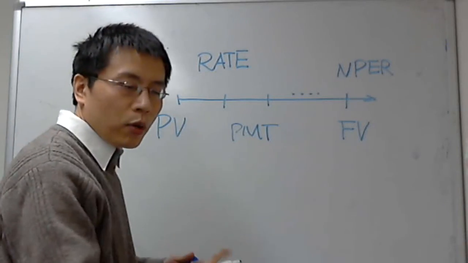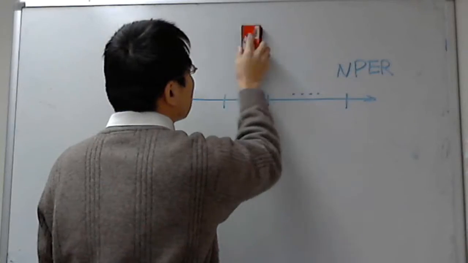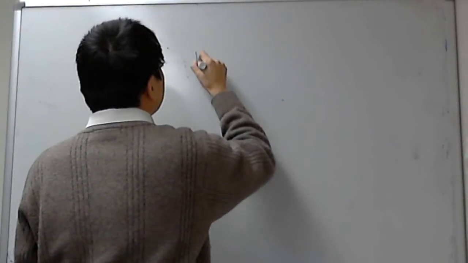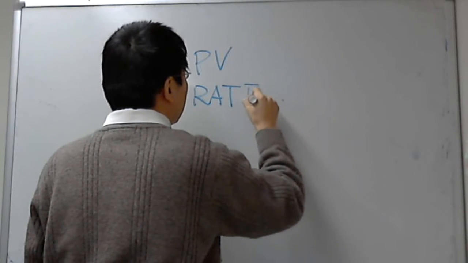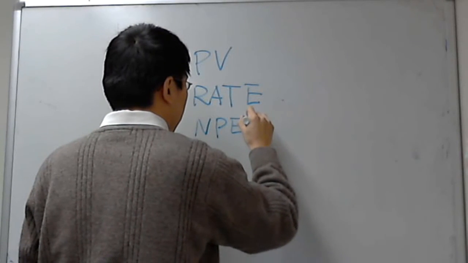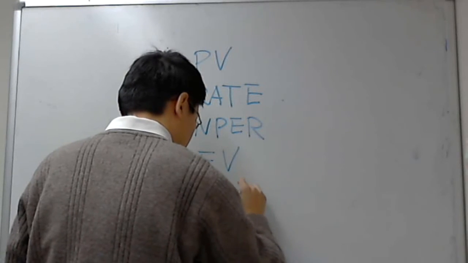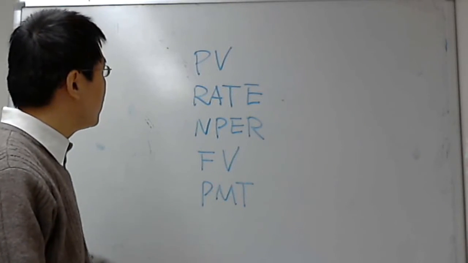Now let me just summarize the 5 variables on the board. Again, let me repeat their meanings.